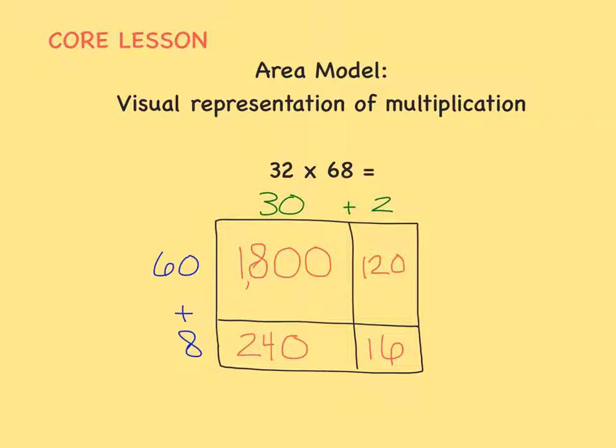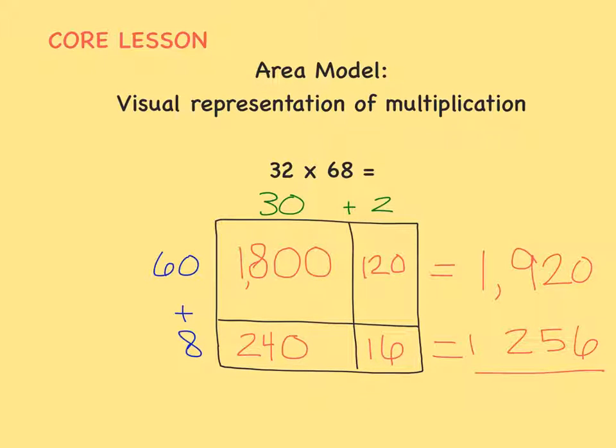Now we know the area of each room in the house. All we have to do is add up each value to see how much the value of the whole thing is altogether. 1,800 plus 120 equals 1,920. 240 plus 16 equals 256.